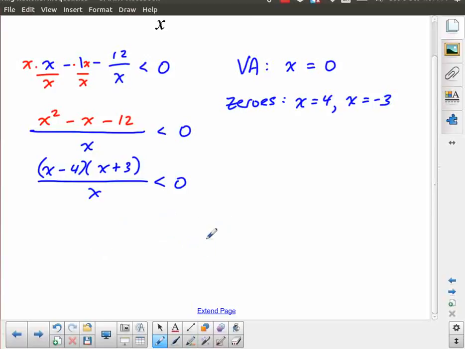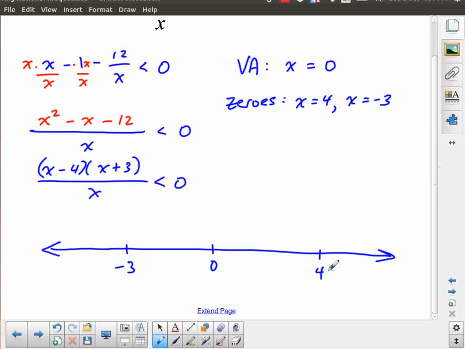Before I set up an interval table, let me just describe this using a number line. We are interested in x equals 0, x equals negative 3, and x equals 4.